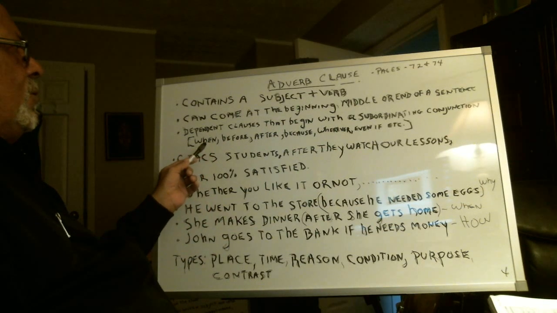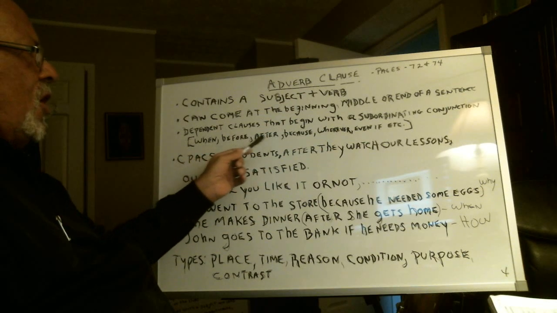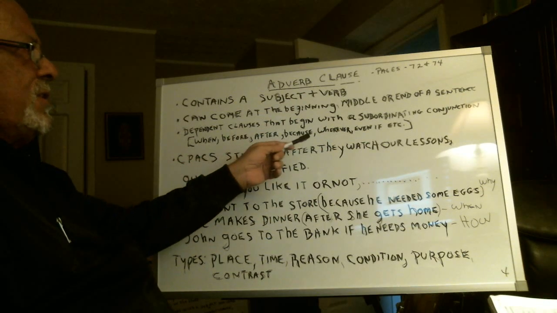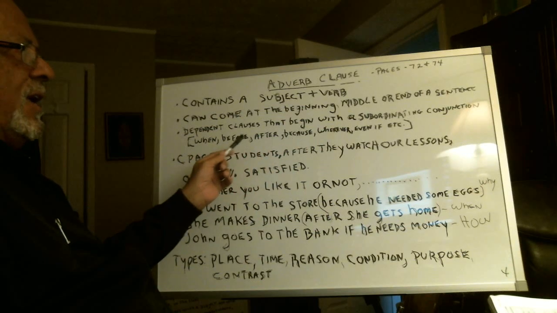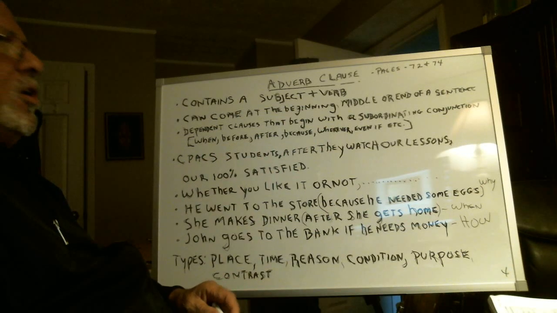So when the sentence starts with a subordinating conjunction, it begins a dependent clause.